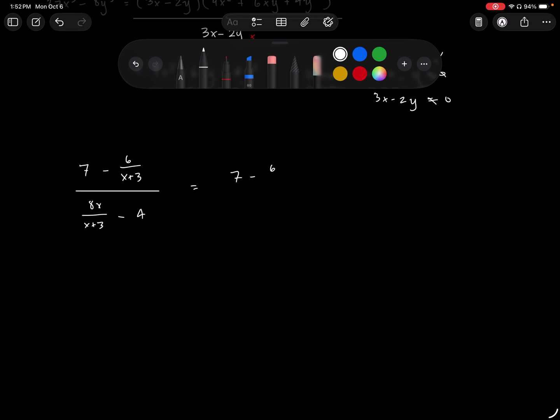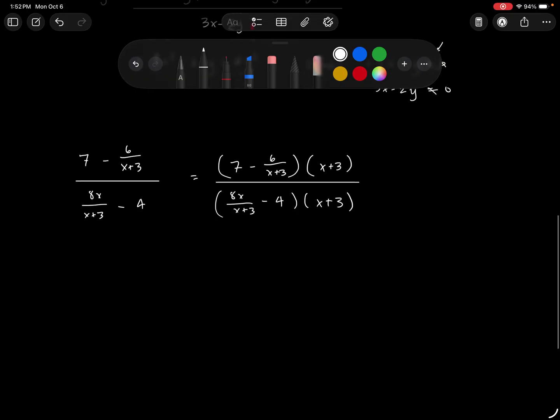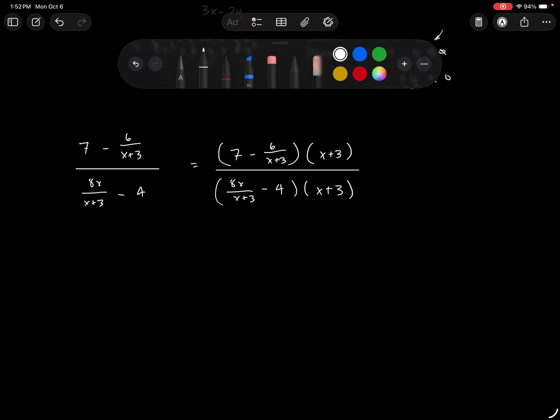So, right, this is 7 over x plus 3. So once you have that, then what you're going to do is just chip away the numerator.